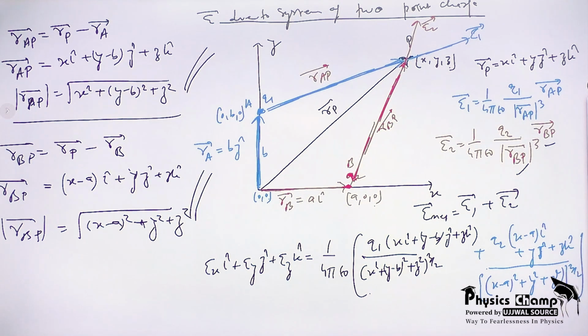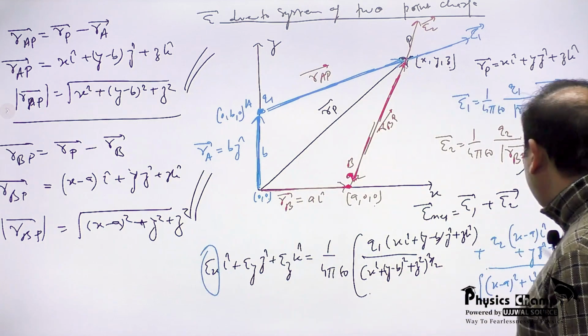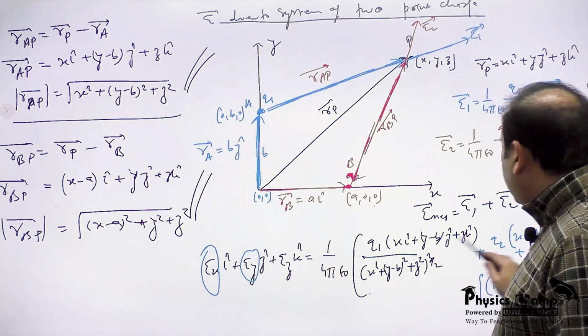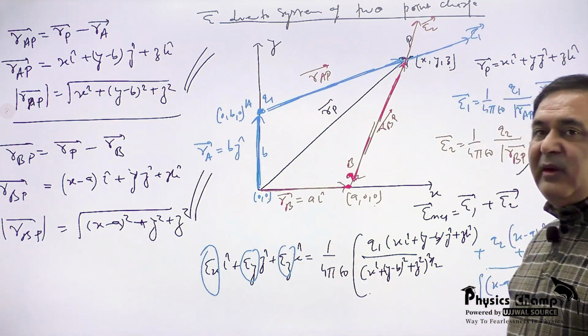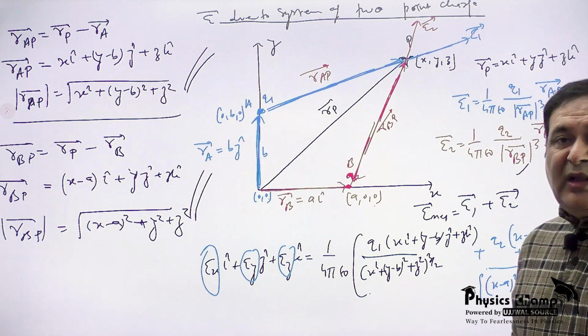So we can compare for x component all the part which is related to i unit vector, for y component all the part which is related to j unit vector, and for z component of the resultant all the part which is connected to k unit vector.